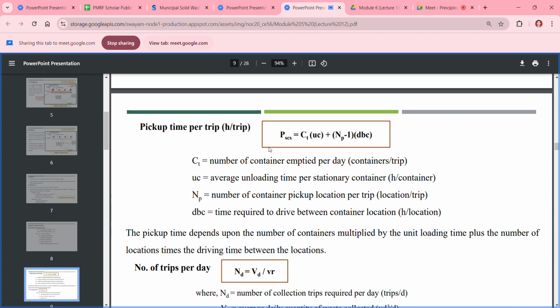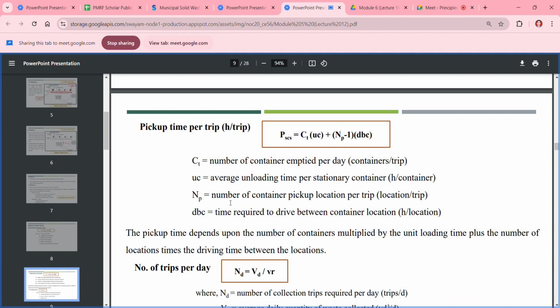So the pickup time per trip will include the number of containers emptied per day, containers per trip, that is CT, then UC, the average unloading time per stationary container. So how many sites are we going to cover, like 6 or 8 or 10 sites in a day. Then NP minus 1, the number of container pickup locations per trip.